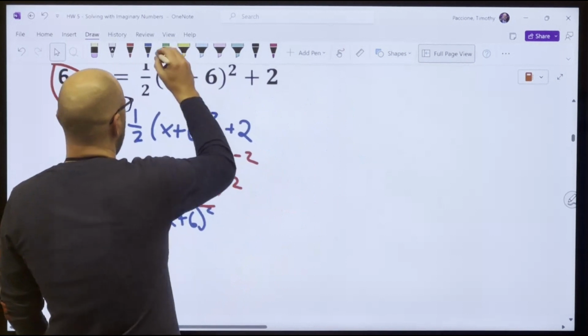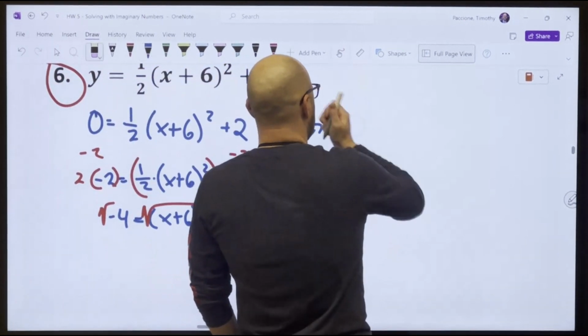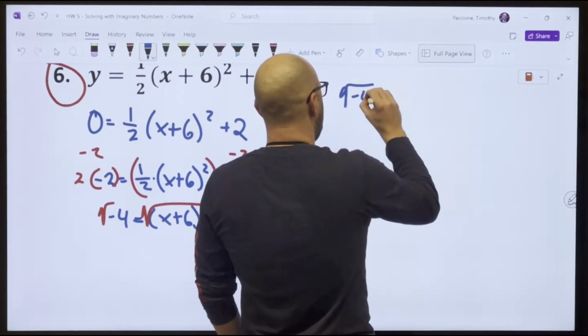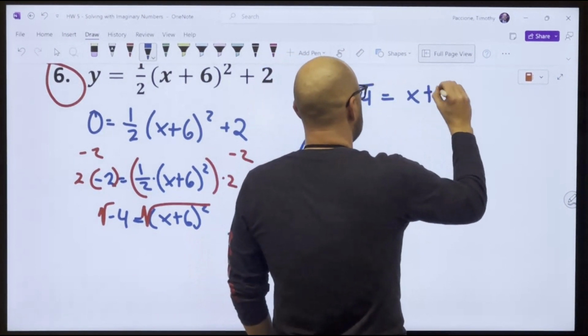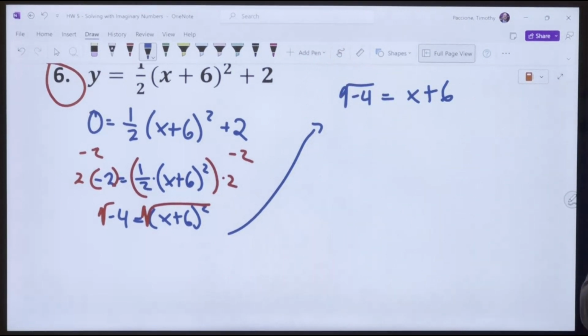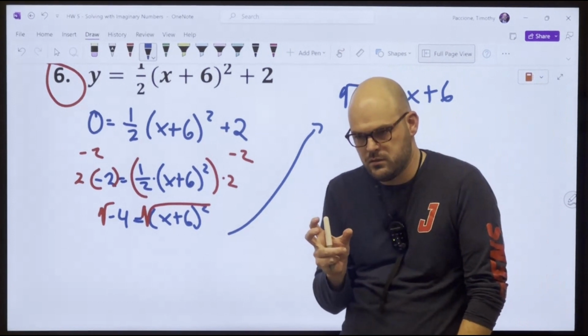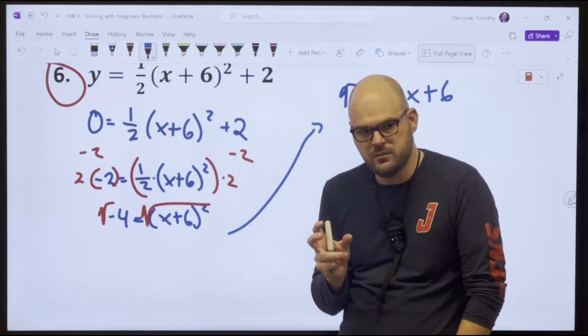I get square root of -4 equals x plus 6. Square root of -4, I know is really square root of 4 times square root of -1. What's that?